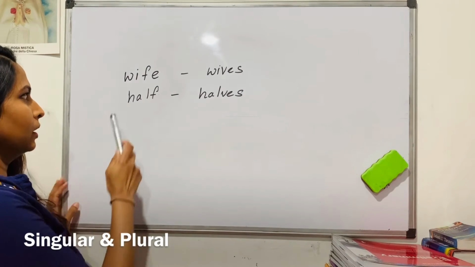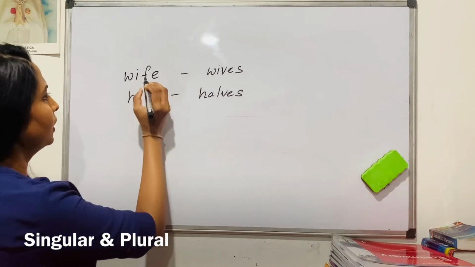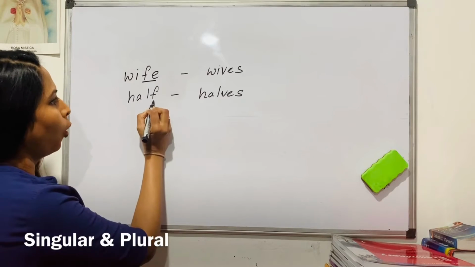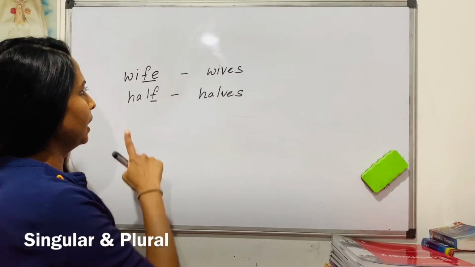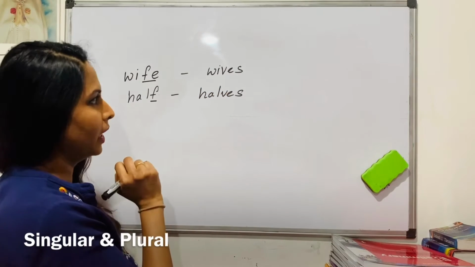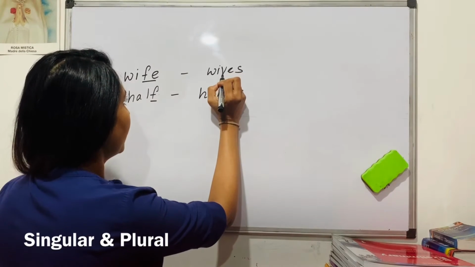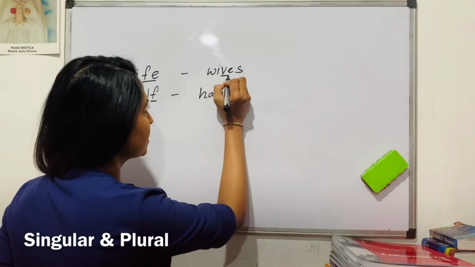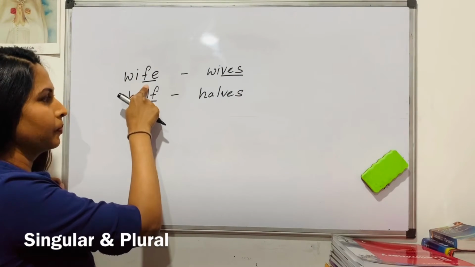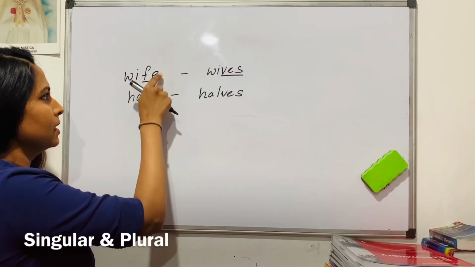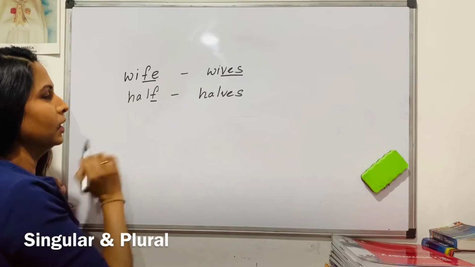If the word ends in F or FE, at that time, when we write the plural noun, we just add VES. So wife, this word ends in FE.